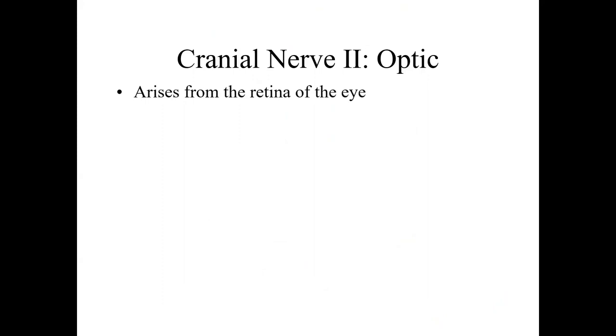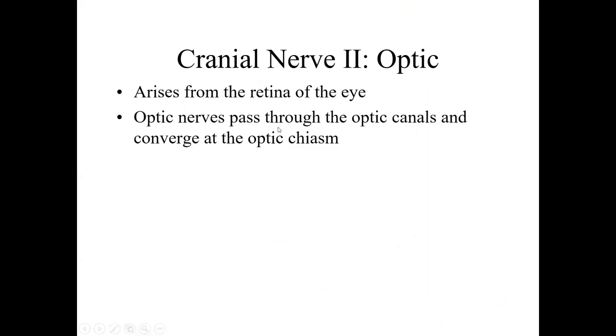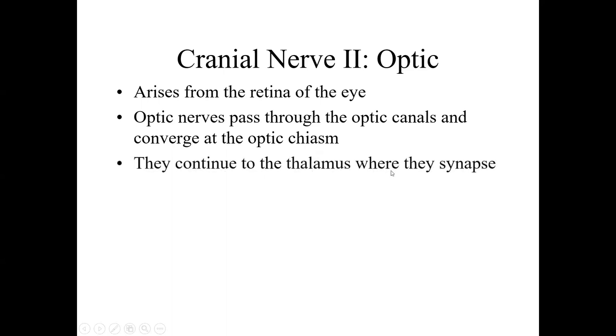So arising from the retina, the optic nerve will travel outside the optic canal and cross just behind the anterior cranial fossa, at the midline, and that is what we call the optic chiasm. And in the chiasm, as we mentioned, the nasal fibers will cross and the temporal do not cross.